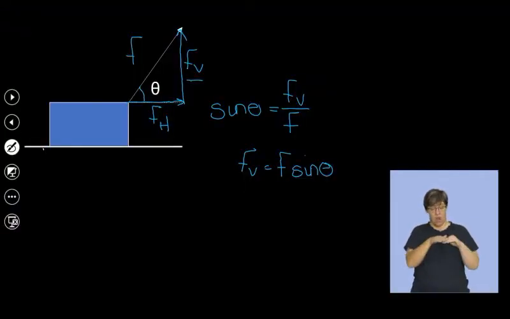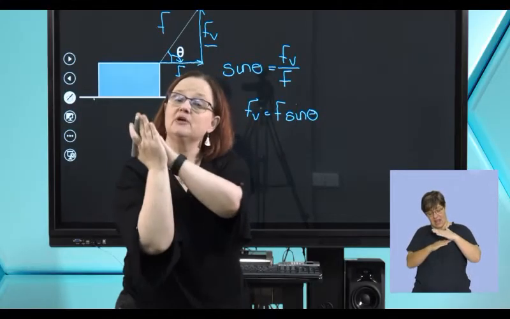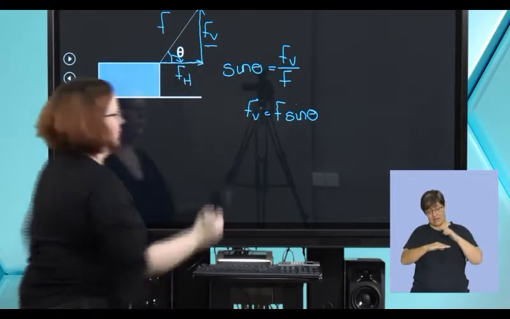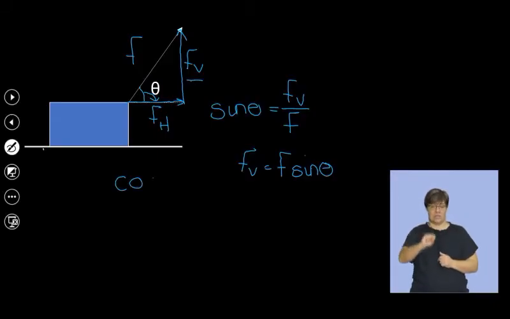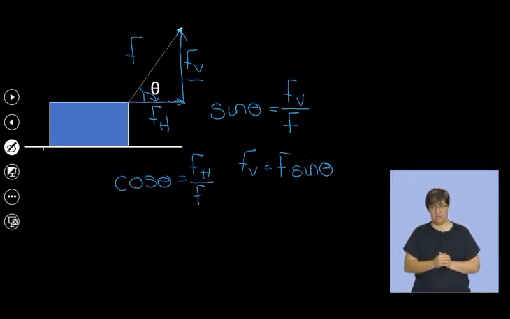The horizontal component, that's this one. Now the horizontal component is adjacent to the angle. It's next to the angle. That means I'm going to use cos. So cos theta is my horizontal component over F. Once again, we don't like fractions.